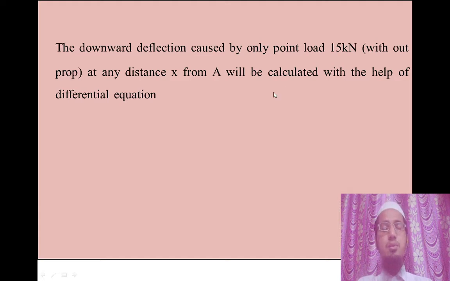In previous numericals we dealt with problems where the free end is propped and the load is provided in between the free end and the fixed end, and for that we know the formula. Now in this case, first we have to derive the formula based on the differential equation or basic principle.